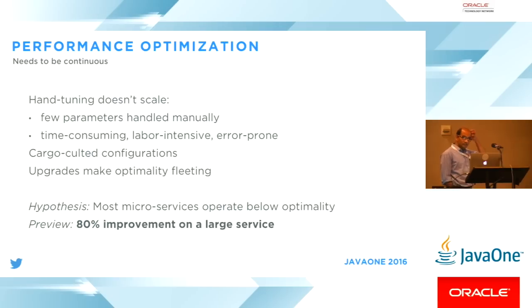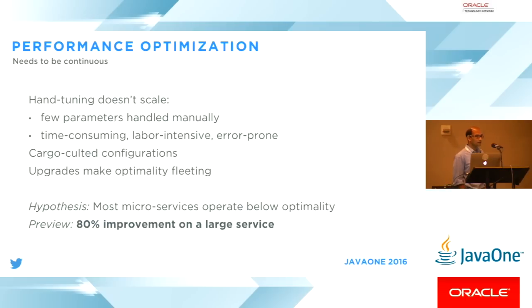But as the previous slide showed, even for one layer of the stack, there's a combinatorial explosion, and if you consider all of the other layers involved, it becomes basically a practically impossible problem to solve.